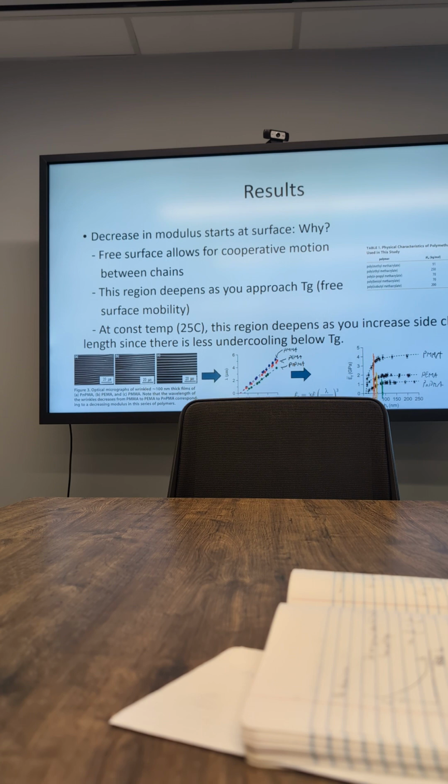But anyways, as far as the results, we finally get into results. What they started off with at the introduction of the results is that previous studies had shown that a lot of these squishiness effects start at the free surface because there's more degrees of freedom for the polymer chains, and that is better for cooperative motion of the polymers.